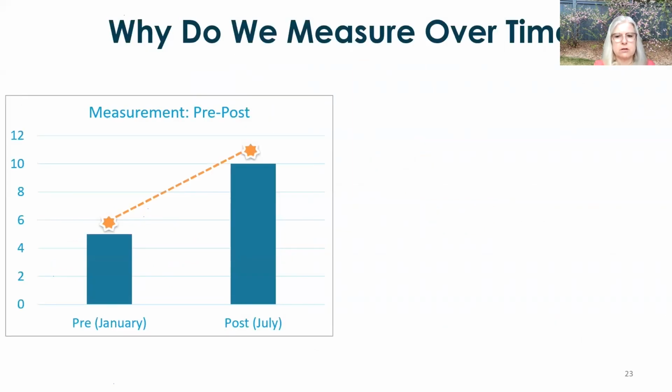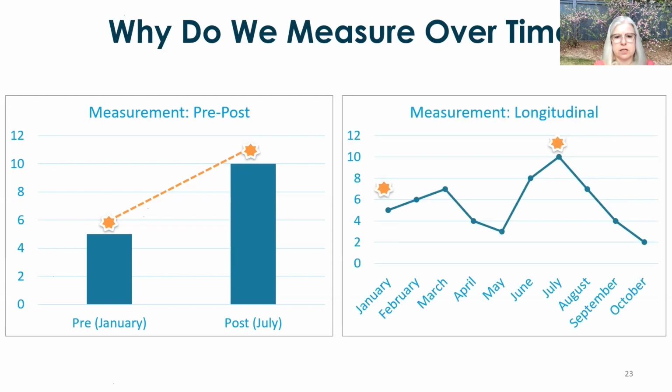So why do we measure over time? This is an example of a clinic that measured in January and measured in July, and it resulted in improvement. So that's great. But what happened in between January and July? And this is their graph. That's really important to know, because whatever change they implemented around March actually resulted in a reduced improvement.